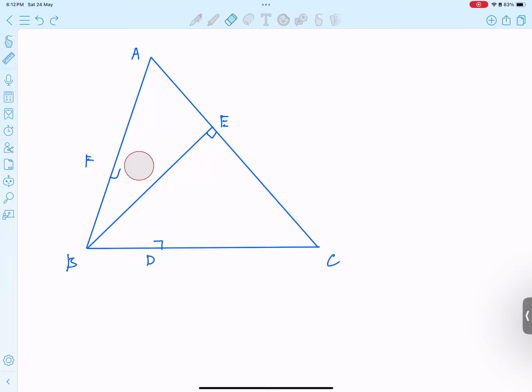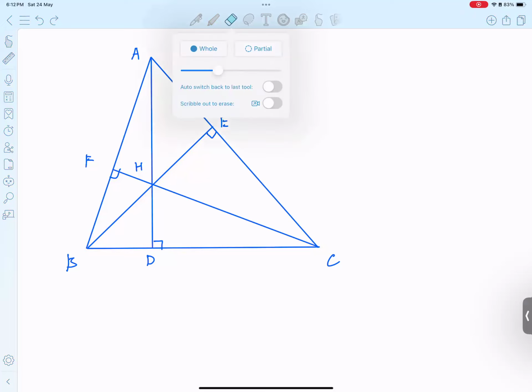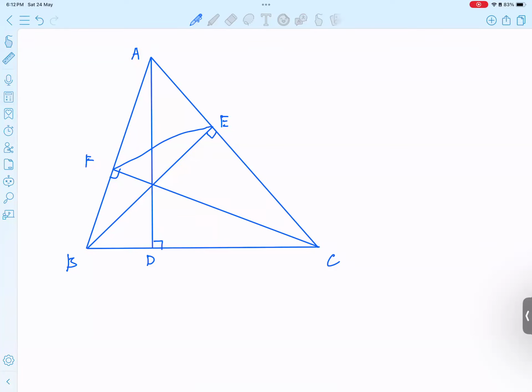So has anybody tried to do that? Let me just pull the handout up on my screen. Yep, so there are two ways to prove why three lines are concurrent.